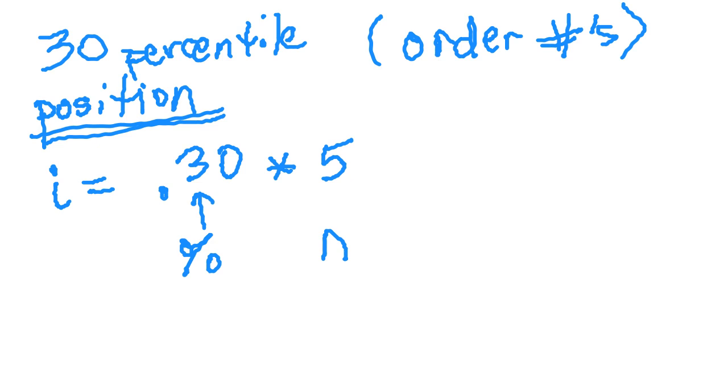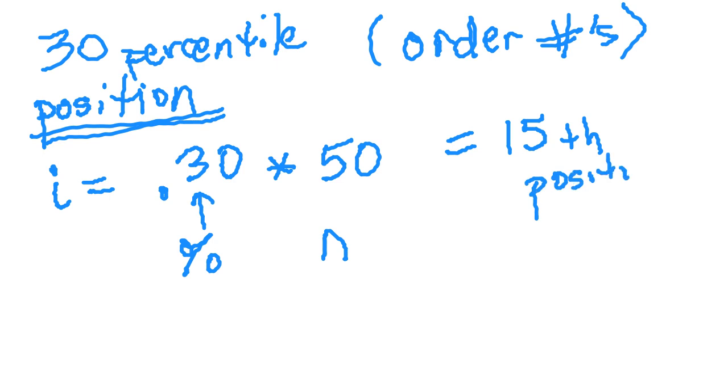So when you do 0.3 times 50, you get 15. Okay, so this is 15th position in the list. It's not the number you want. It's the number in the position.